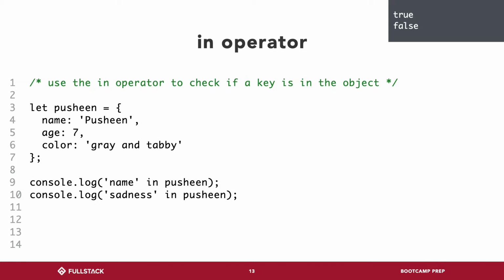With a plus you could use one variable plus another variable, and it looks up the values and spits out the combined value. With the in operator, if this was let name variable, you could say name variable in pusheen. So quotes name in pusheen, quote sadness in pusheen, get true, false. It's just a Boolean for whether it's in there or not.